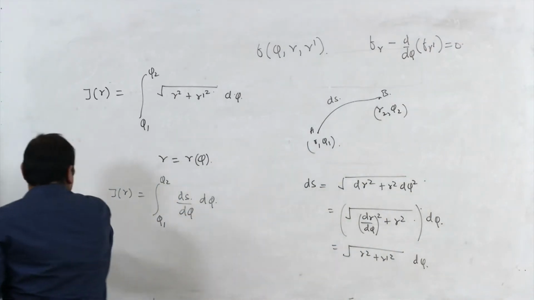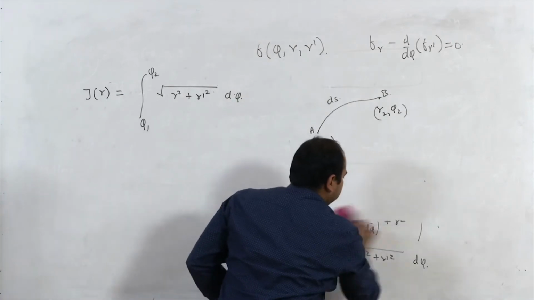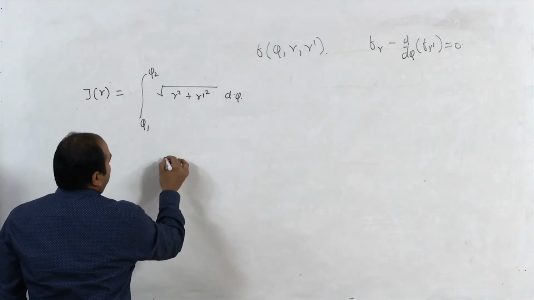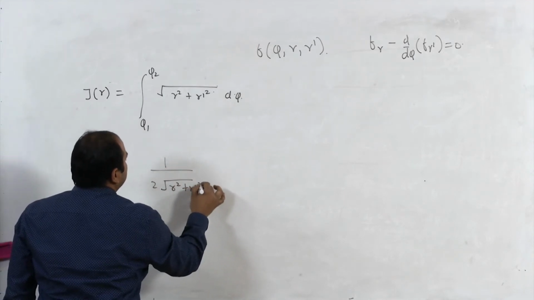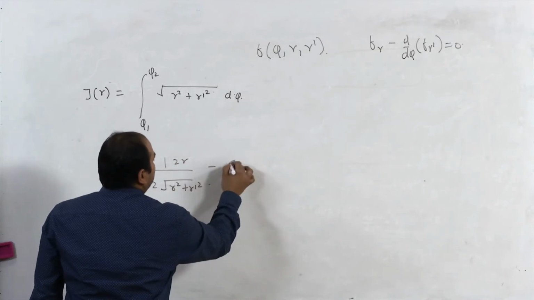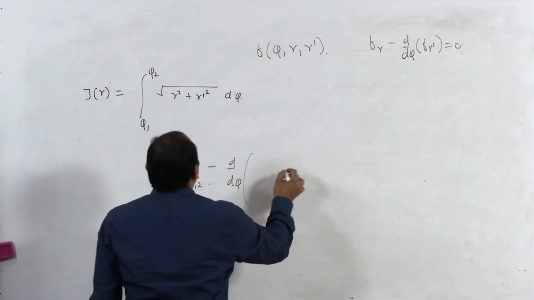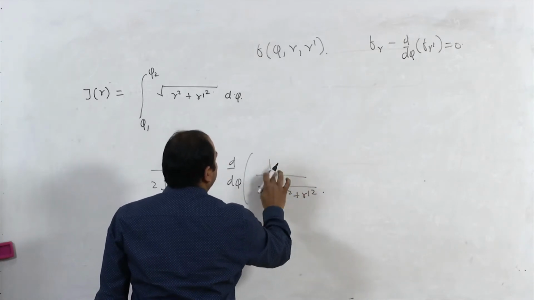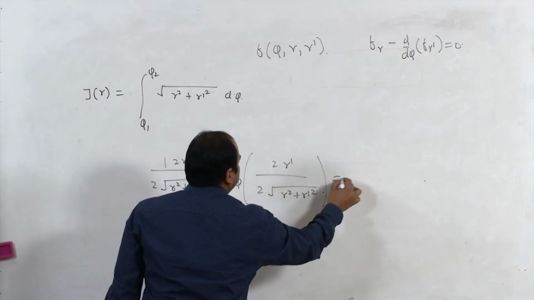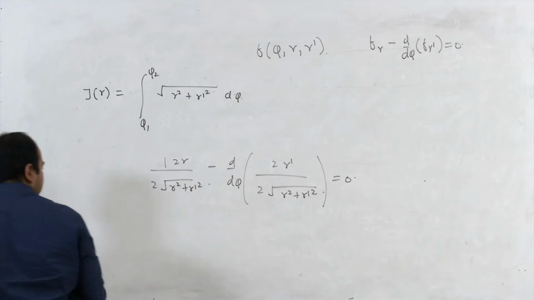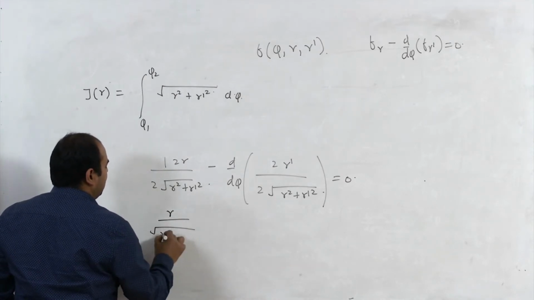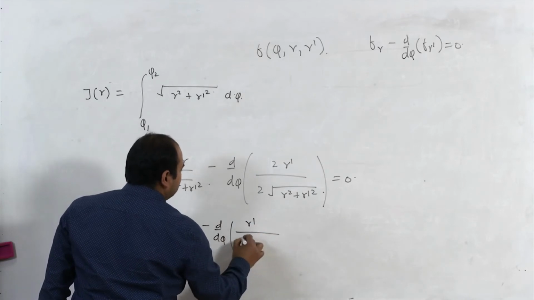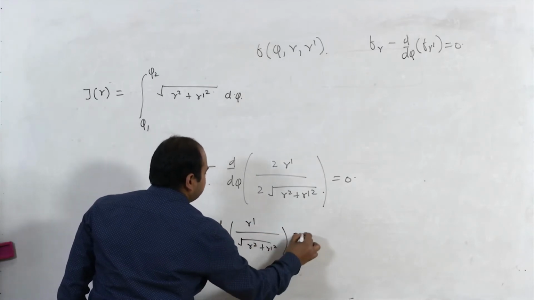So the Euler's equation will be: 1 upon 2 square root of r square plus r dash square, times 2r, minus d by d phi of 1 upon 2 square root of r square plus r dash square, times, when you differentiate, 2 r dash, equal to 0. Simplifying, we get r upon the square root of r square plus r dash square minus d by d phi of r dash upon the square root of r square plus r dash square, equal to 0.